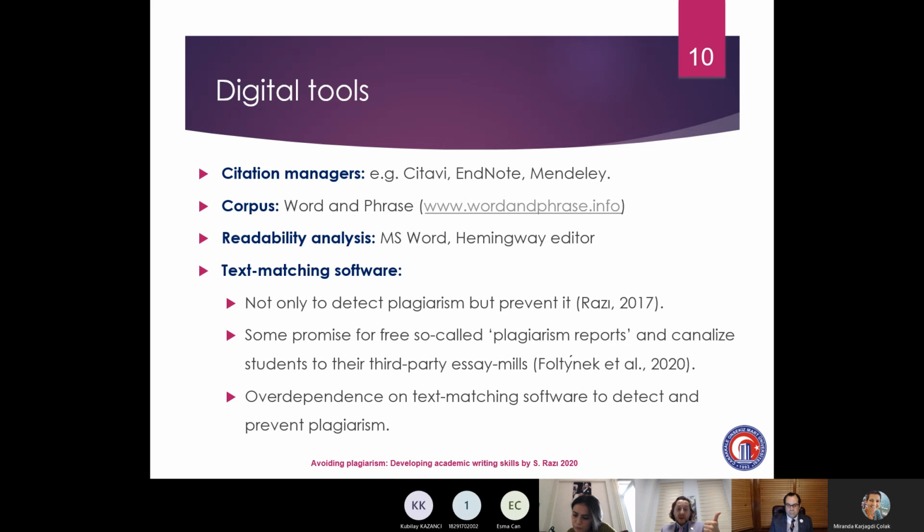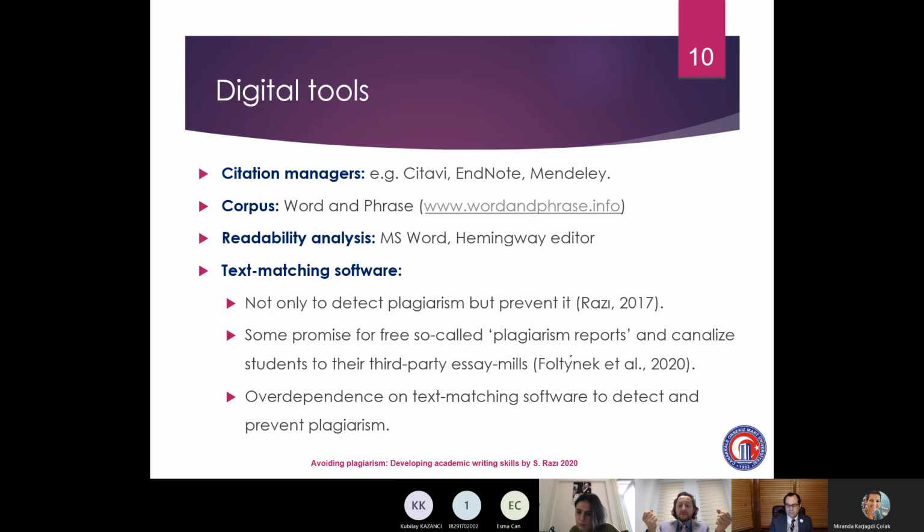So it's great. Or when we talk about the readability of the text, students can calculate readability, Flesch reading ease, grade levels, and Smog or Fog rates, even by using Microsoft Word or the Hemingway editor.